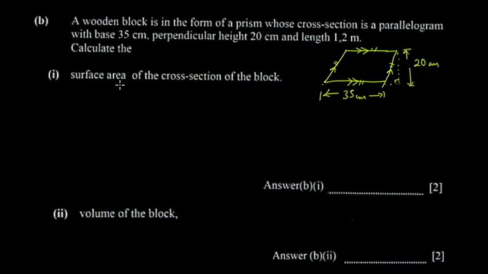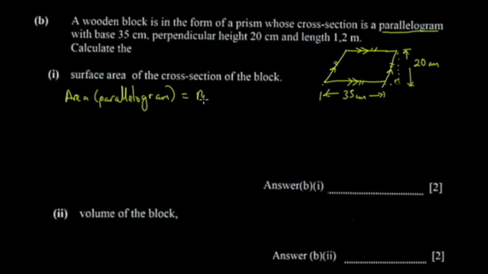Okay, so you ask the cross-sectional area. The cross-section, you're told that it's a parallelogram, so you ask the area of this parallelogram. So area of a parallelogram, right? You don't have to write what I'm writing here to say parallelogram. Okay, I'm just writing so that you understand, but essentially it's equal to base times height.